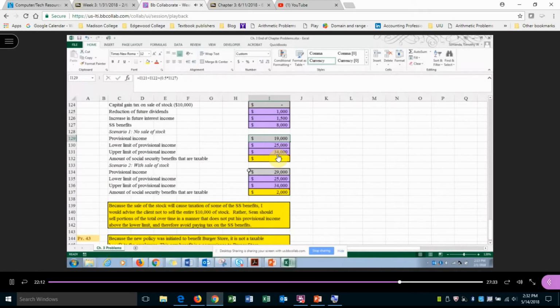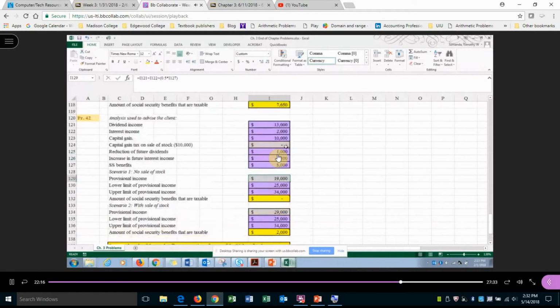I will take the dividend income of 13, and add to it the interest income of 2, and then add half of the Social Security benefits, half of 8,000, or 4,000. So that's how I determined provisional income. This is obviously a retired person because there was no earned income. I mean, it wouldn't have to be a retired person, but it's likely.